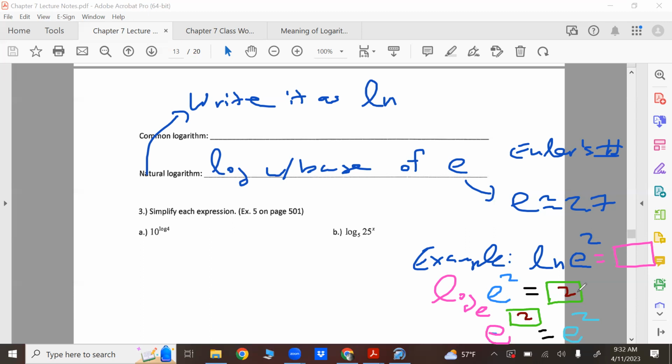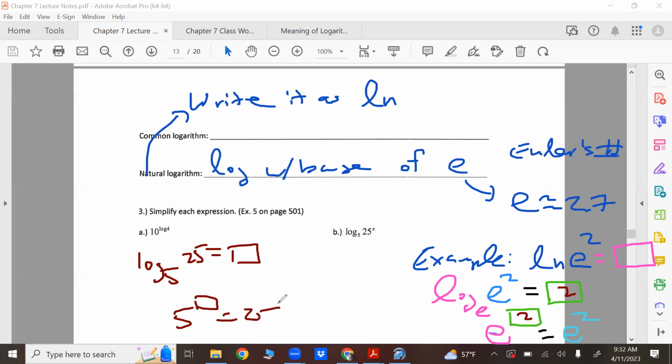So whenever you see ln, assume the base is e, and you do the same exact thing we've done for the previous problems, where you do this little switch, right? You switch this and this. But it becomes base e to the box equals all this right here. Just like we did earlier, right? For example, if I have log base 5 of 25, what do I do? 5 raised to the box equals 25.